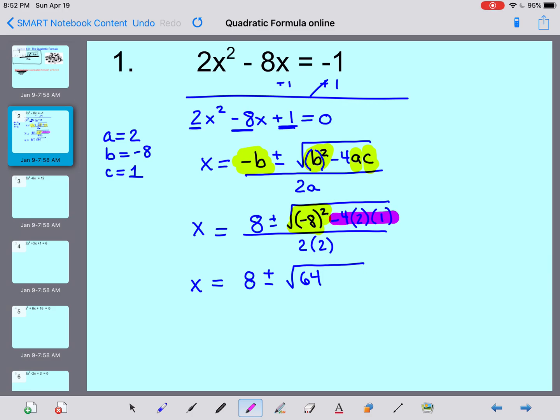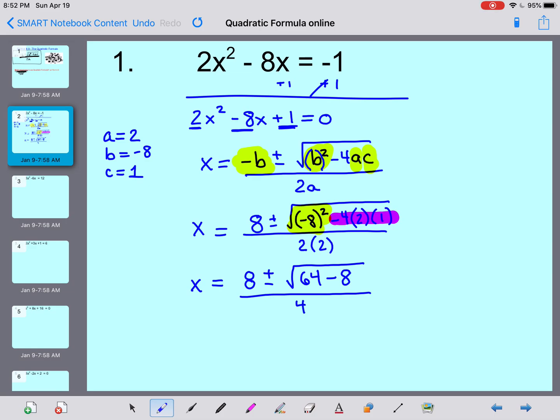There's a lot of different ways to think about this part, the negative 4. You can think of it as subtraction. I recommend just doing negative 4 times 2 times 1. So negative 4 times 2 times 1 gets us negative 8. So I'm going to write minus 8. If it had gotten us a positive 8, I would have written 64 plus 8. Divided by, on the bottom, 2 times 2 is 4.